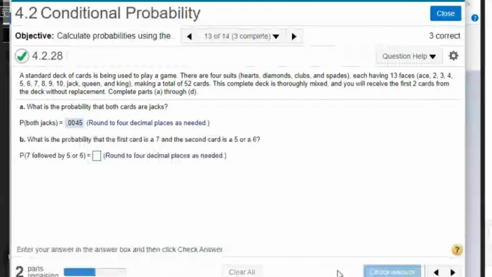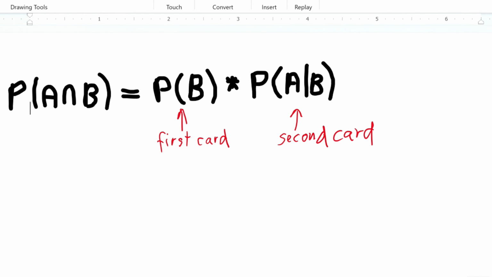B, what is the probability that the first card is a 7 and the second card is a 5 or a 6? So let's start with the first card. The probability of the first card being a 7 is 4 out of 52, right? There are 4 7s and 52 total cards, so 4 out of 52. Now, given that the first card is a 7, what is the probability that the second card is a 5 or a 6?